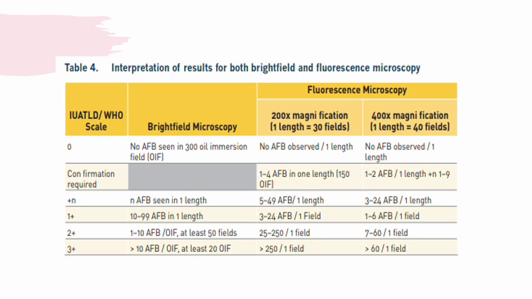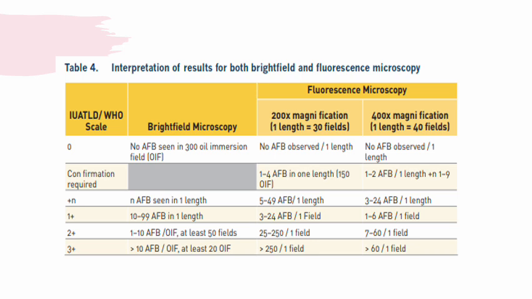Now, usually, if in one length or one slide you observe lesser than 10 bacteria in the whole length, meaning 150 oil immersion fields, you report the actual number. Okay? For example, you report 3 bacilli on the whole 150 fields, you report it as the actual number. Now, if you count 10 to 99 AFB in one length or in one 150 oil immersion fields, you report it as 1 plus.